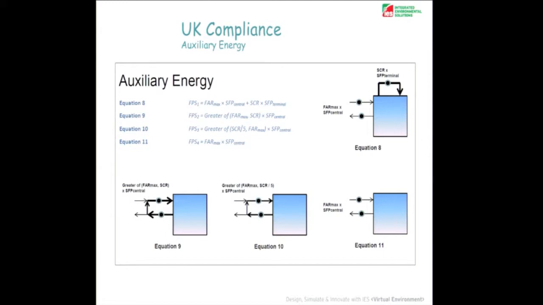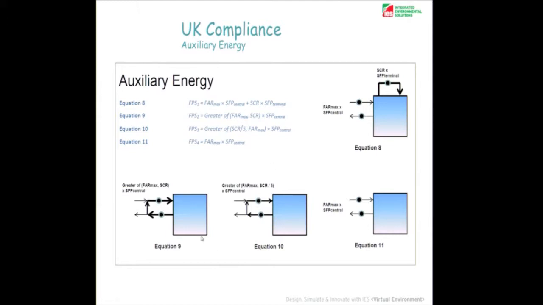Now I think where this starts to lose some of the detail that we can get from the Apache HVAC assessment is that this auxiliary energy value is applied throughout all of the occupied hours. So in a system where you've got fan coil units, but for maybe a quarter or a third of the year there's no heating or cooling load required, you've still got this auxiliary energy associated with the fan.